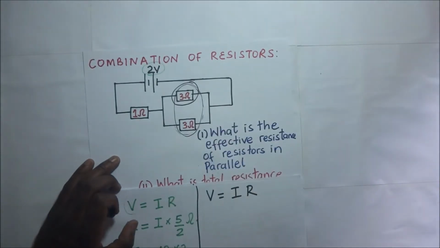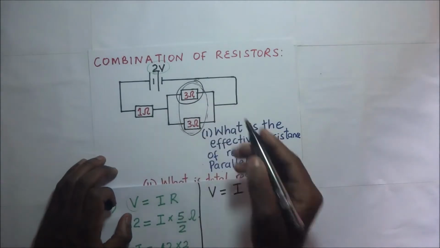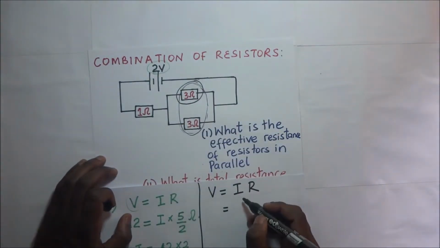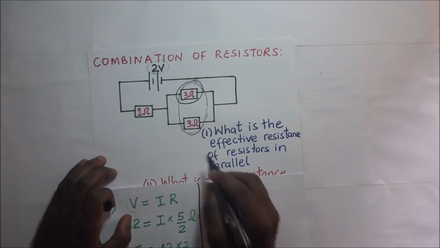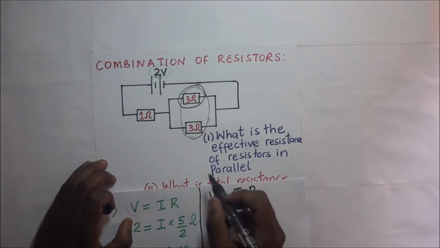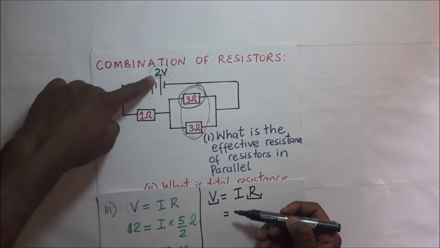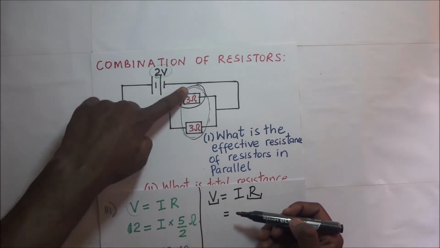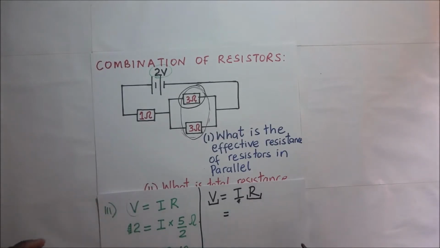They just want the current flowing through the 3 ohm resistor. So our resistance will be 3 ohms because we're dealing with a 3 ohm resistor, and our voltage should be the voltage across the 3 ohm resistor, not the total voltage in the whole circuit, for us to be able to get the current.